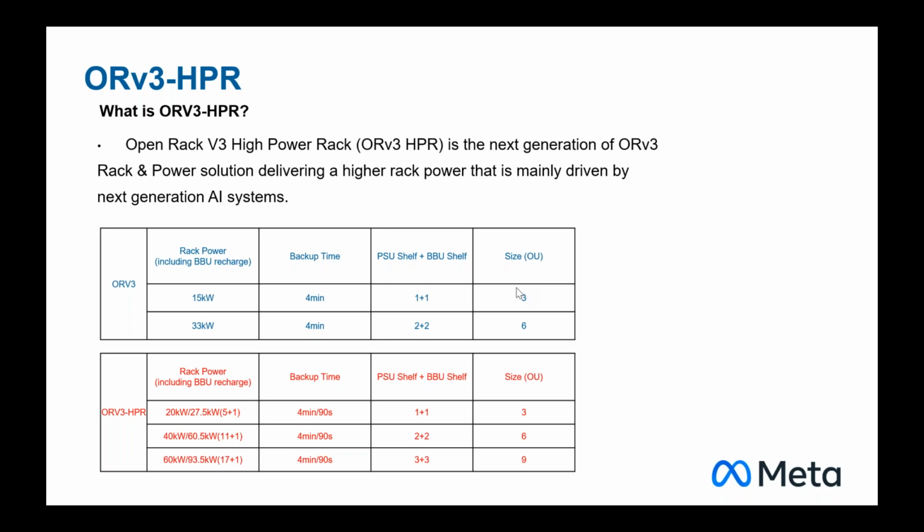For 230 volt, like Dave said, they need a special 60 amp input connector, so the ORV3 HPR will be derated at 230 volt. For our Europe data centers, we have 32 amps input, and they are not derated. So at 230 volt, 32 amps, you still get full power from the HPR. In North America, the 30 amps is derated by 80%. It's not enough for the full power.